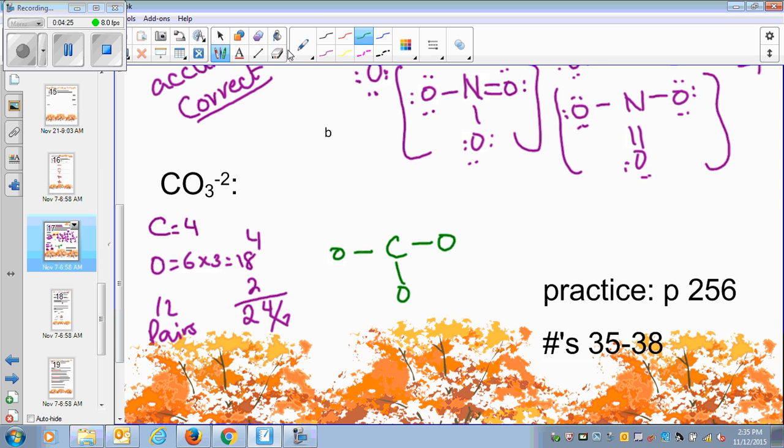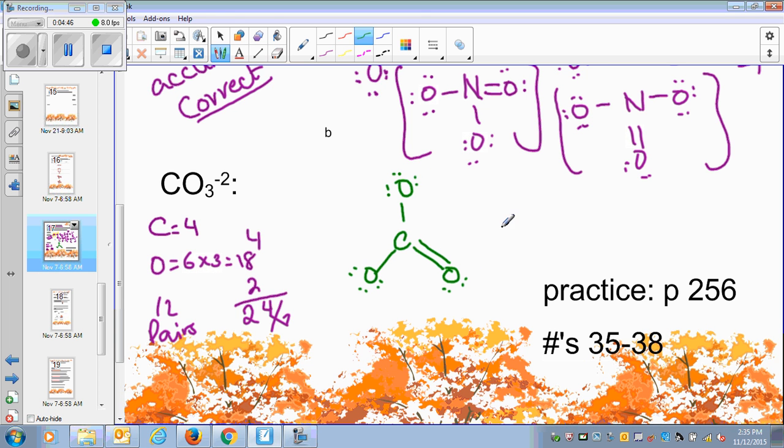Maybe I should do it in a shape. Which shape should it be? It should be trigonal planar. So carbon will go this, this, and this way. And then, maybe I'm going to make a double bond here. So this is how it is.